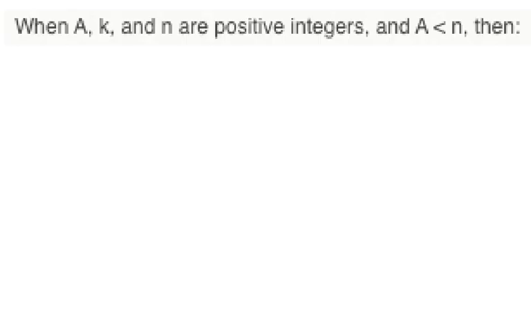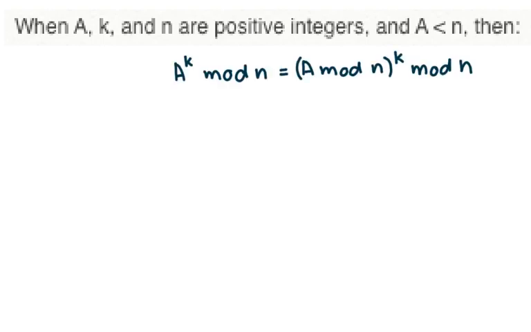Okay, so let's recap. We proved that when a, k, and n are positive integers and a is less than n, then a to the k power mod n is equal to a mod n all raised to the k power mod n.